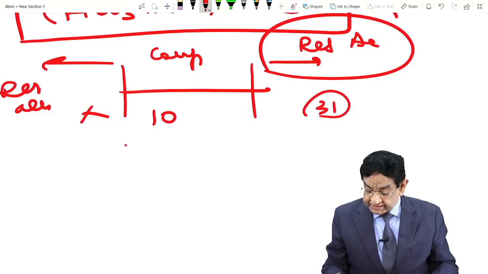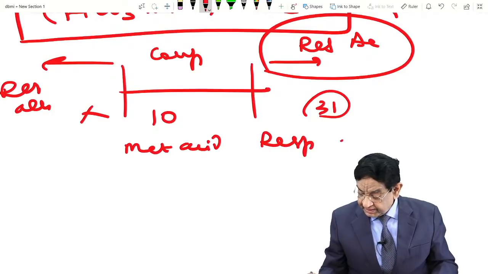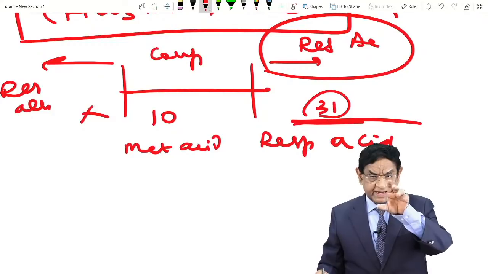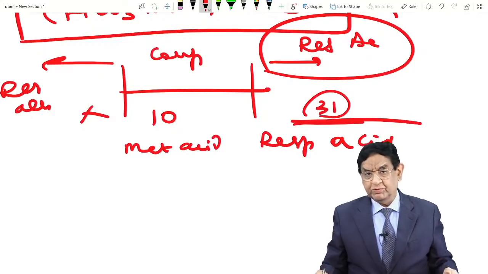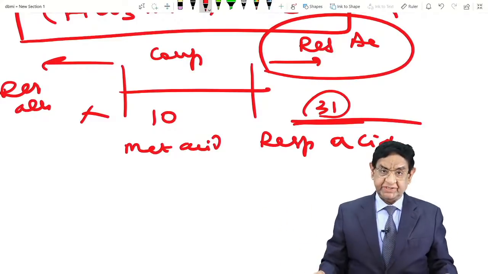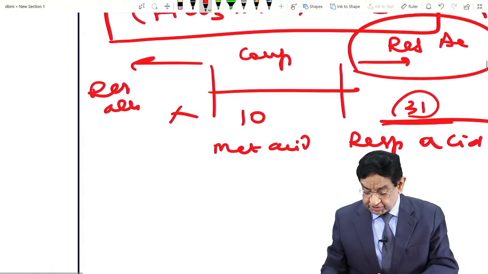So we call it a case of mixed metabolic acidosis and respiratory acidosis. Why? Because it is in the range of 31. So there can be a mixed picture also, but this happens only after compensation. Use the Winter formula and your question will be solved.